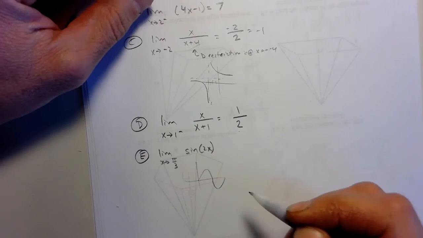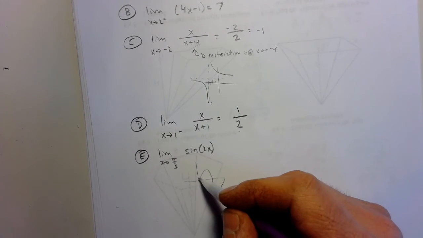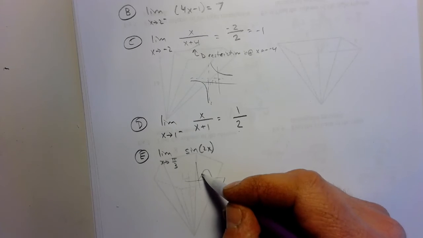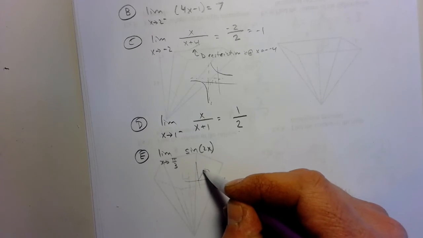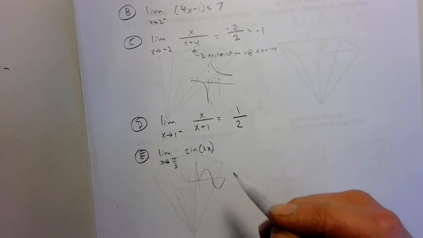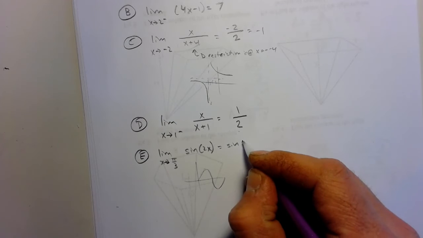Yes, it's going to get squished down or whatever, but it's pretty much going to look like that, right? And we can see that you're never picking up your pencil at every point there. Whatever the value is, it's the same as the limit that it's approaching from the two sides. So it's pretty safe on the sine to just plug in the pi over 3 for ourselves and not have to make a table of values.